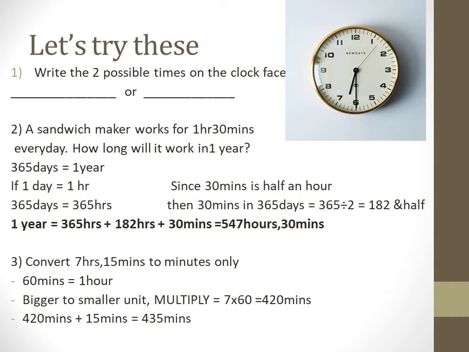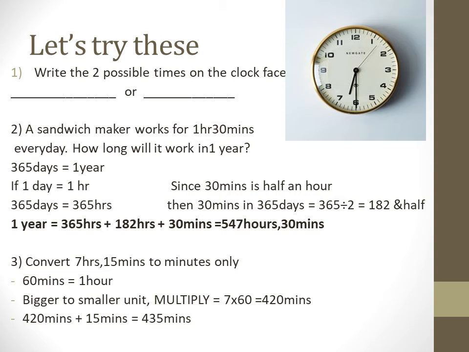Now we have to convert 7 hours and 15 minutes to minutes only. Now remember the rules. What units of time are we dealing with? Minutes and hours. And what does the chart say about minutes and hours? It says 60 minutes make 1 hour.